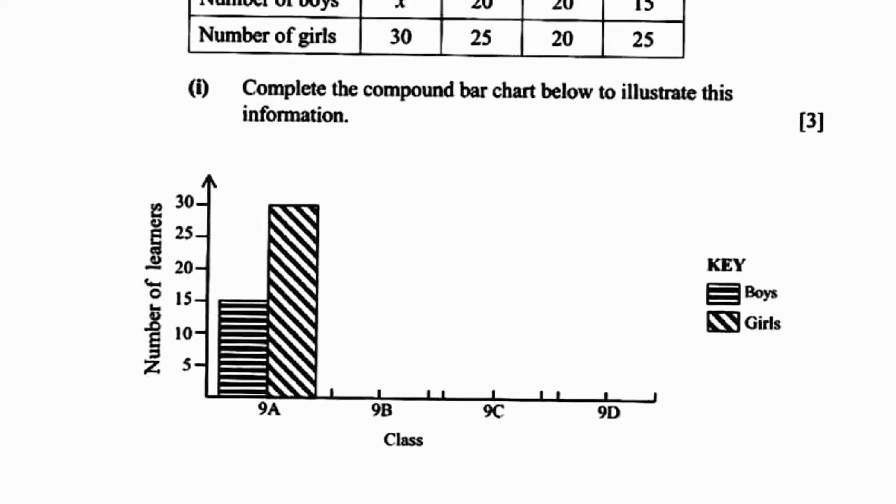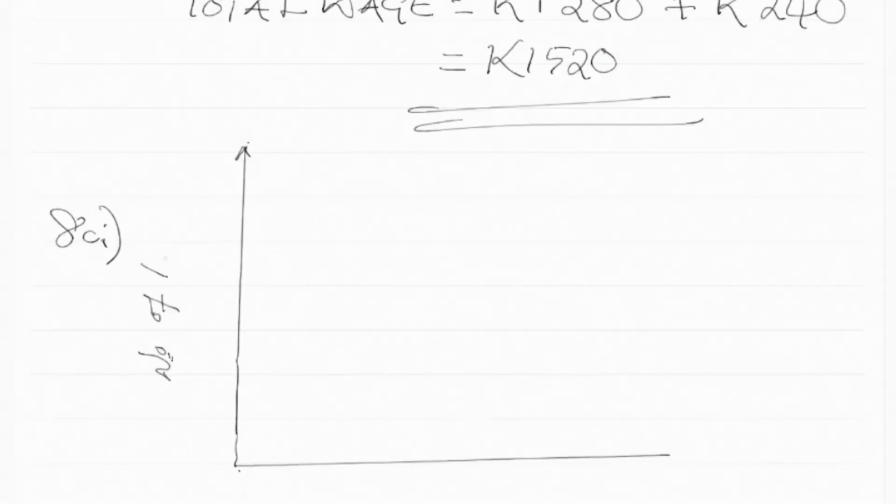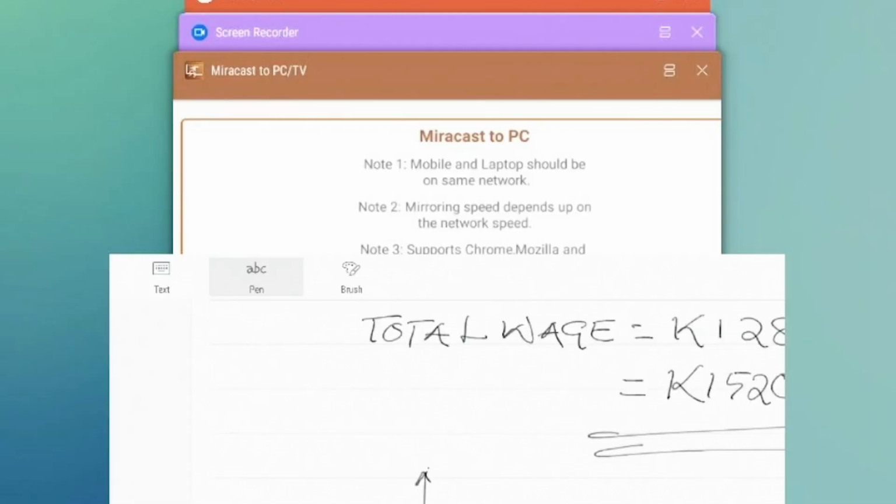On the vertical axis, you have the number of learners, starting from 5, then you go to 10, 15, 20, 25, and the last 30.